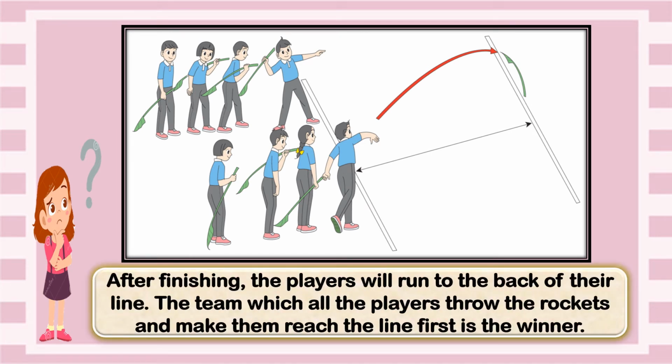After finishing, the players will run back to their line, and the team in which all the players throw the rackets and make them reach the line first is the winner. For example, all of this team have thrown the racket onto this line, so they will be the winner.